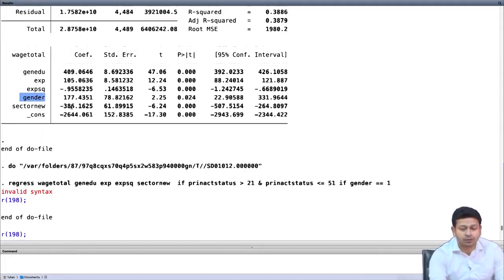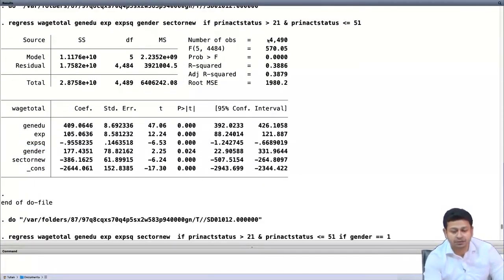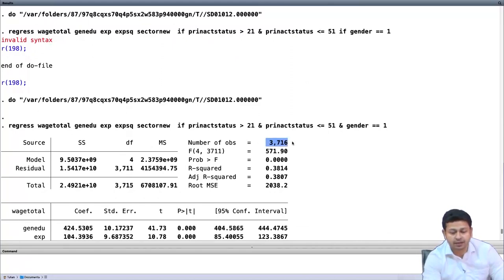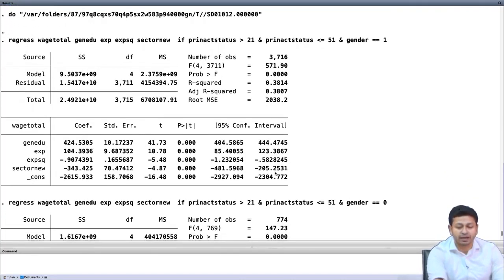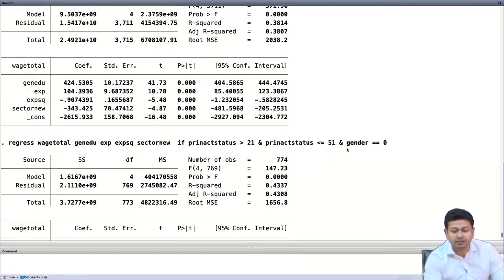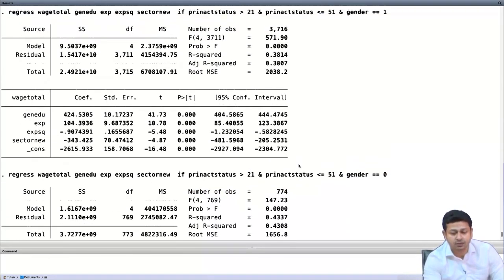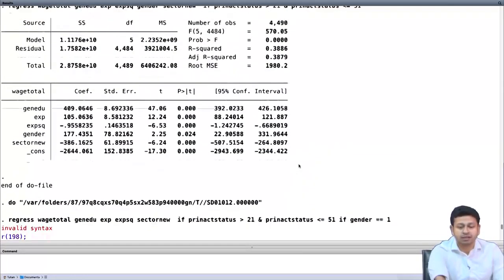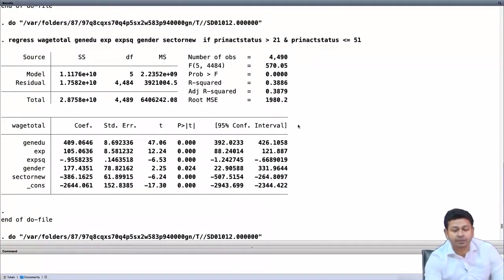First thing to note, we had 4,490 observations for the full sample, and here we had 3,716 for males, because I have specified gender is equal to 1. This is a subsample regression only for the male category, and for females when gender is equal to 0, I got 774 observations. If I add 774 and 3,716, we end up with 4,490.